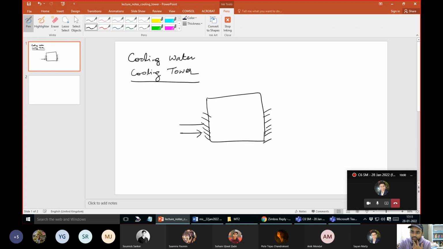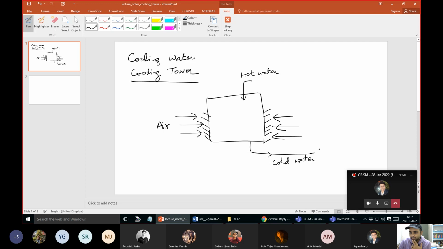Generally the air comes in from the sides, and you have the hot water which is sprayed from the top, and from the bottom you collect the cold water, which is fed through a pump.